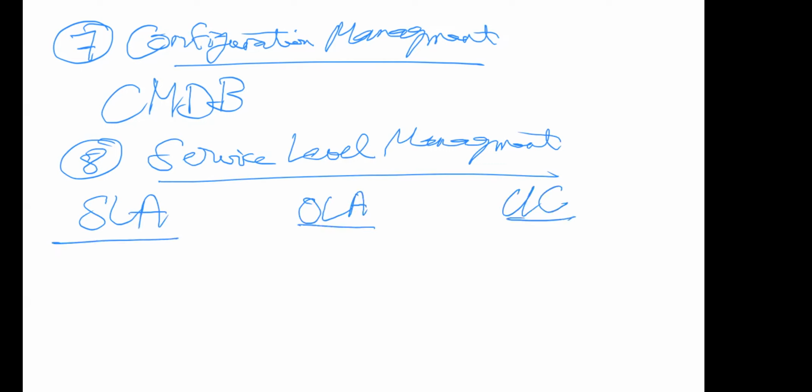SLA is the service level agreement. Service level management focuses on the negotiation and implementation of service level agreements, whatever the agreement is between you and the cloud service provider, or between the cloud service provider and the cloud service customer. This is very easy.